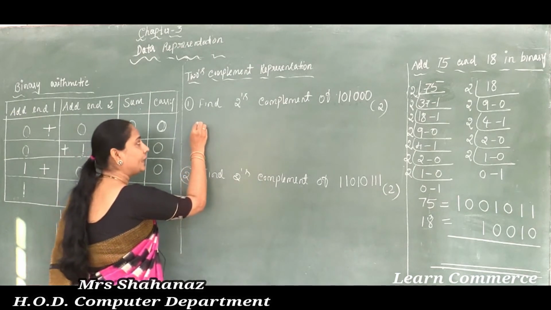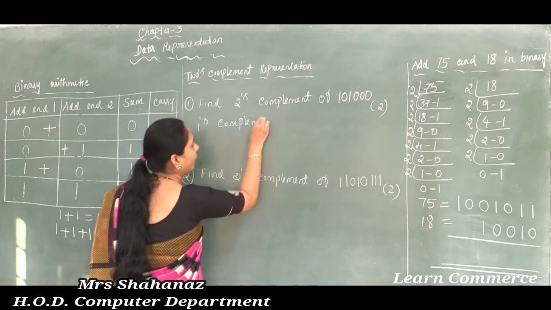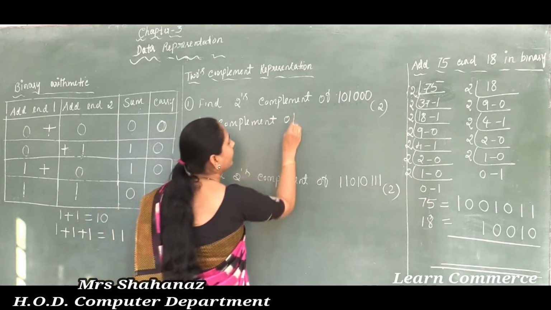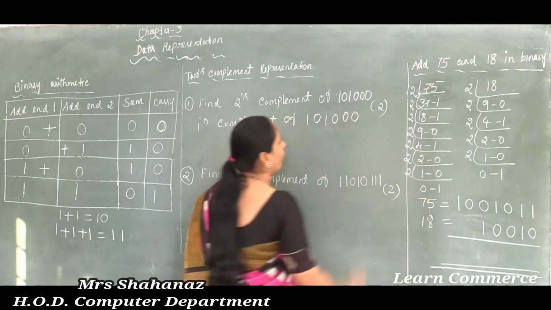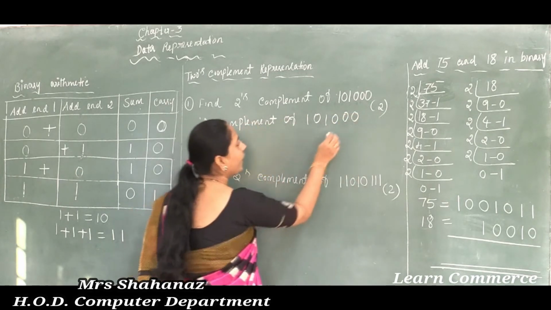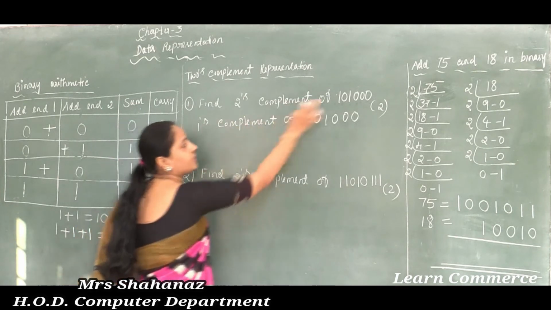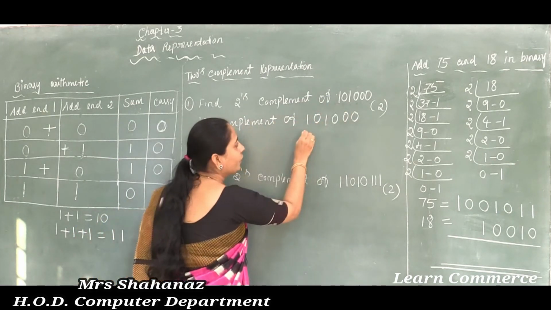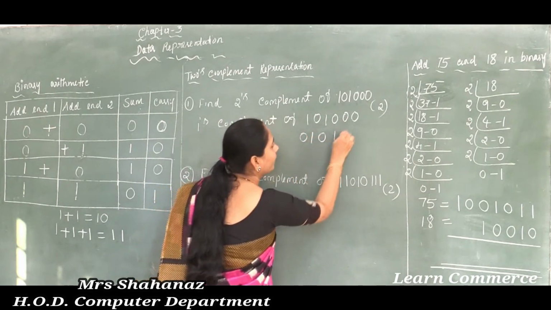First of all by taking the 1's complement of 101000. As we know, first of all we need to take the 1's complement of this question. So the 1's complement is 0 1 0 1 1 1.